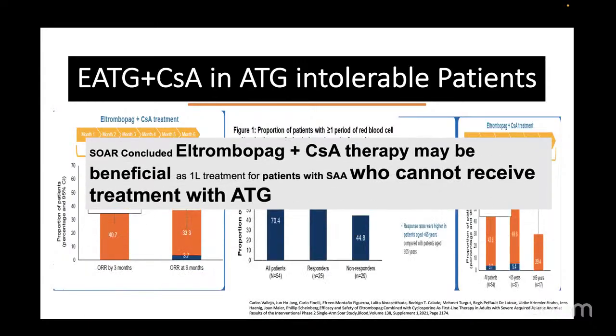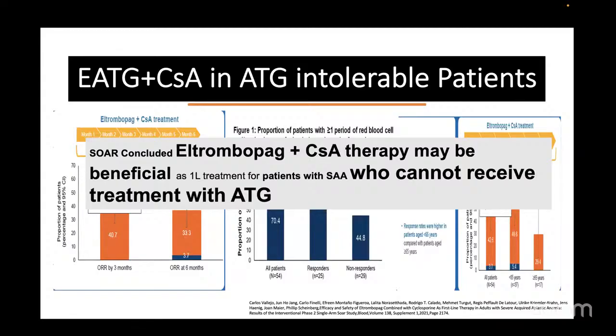Yeah. And this is the SOAR study wherein the Eltrombopag and cyclosporine was beneficial for those patients who cannot receive treatment with ATG, or those patients with non-severe aplastic anemia for whom we may not plan ATG-based therapy with that much emergency as in case of severe aplastic anemia.